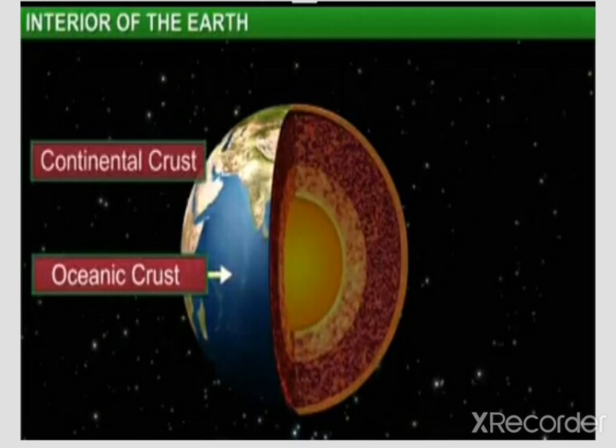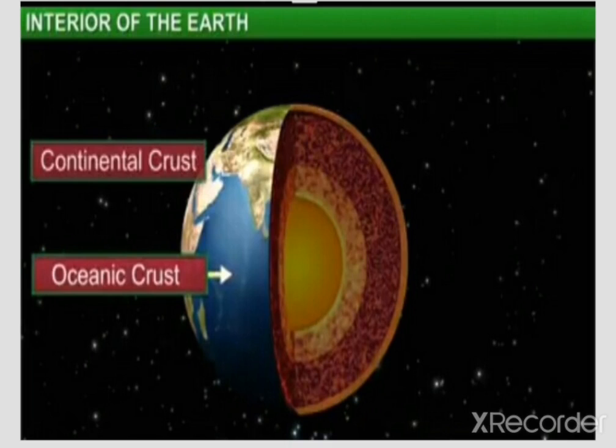Is it clear what I told now? Okay, I'm going to repeat it again. Listen carefully, everyone. The outermost layer of the earth is in a solid form and is known as the crust. Got it? And what is the thickness of the crust, students?